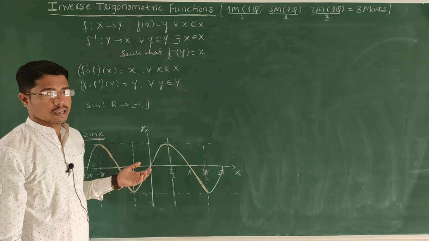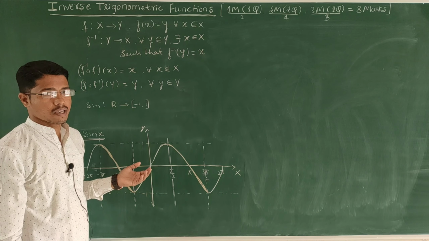Now sine x equal to 2, cos x equal to 2 does not exist, because the maximum value of sine and cos is 1 only, therefore these do not exist.